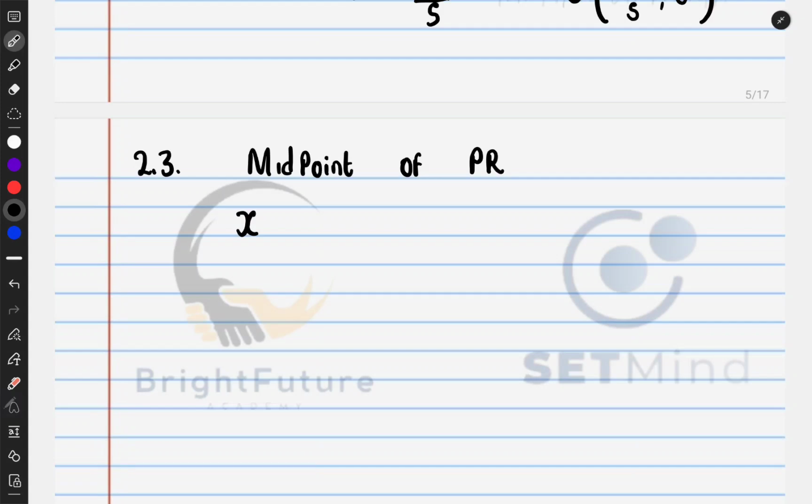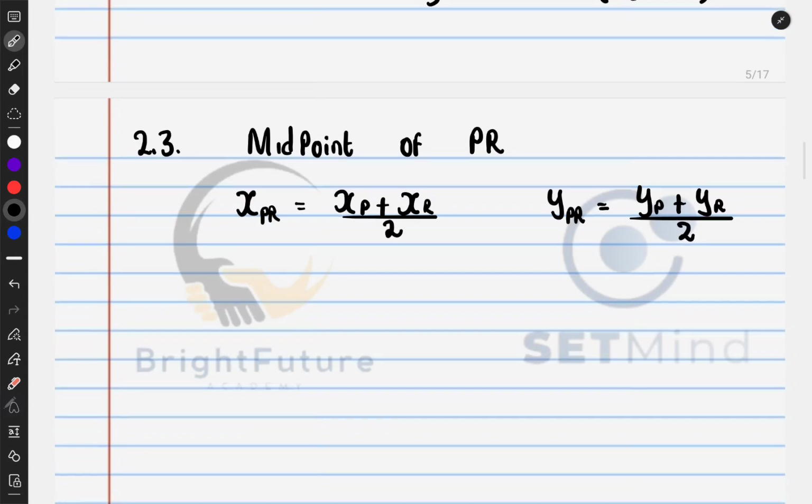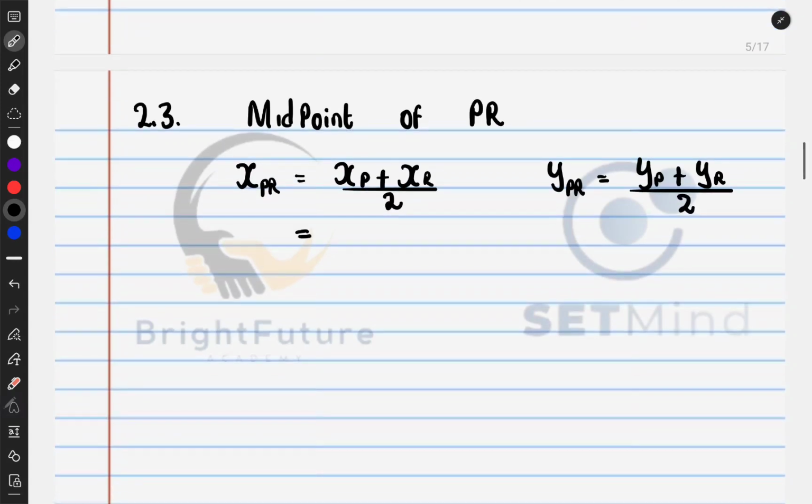So the x value of the midpoint of PR is equal to xp plus xr divided by 2, and the y value of the midpoint of PR is going to be yp plus yr divided by 2. Let's plug in the values.